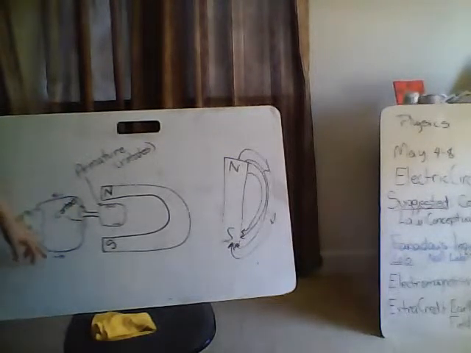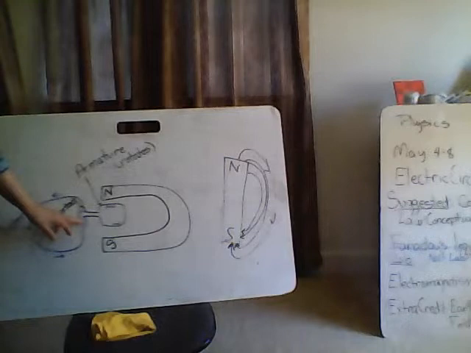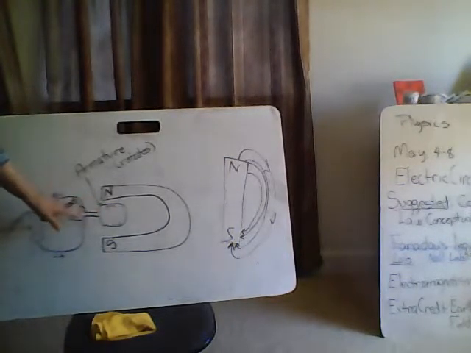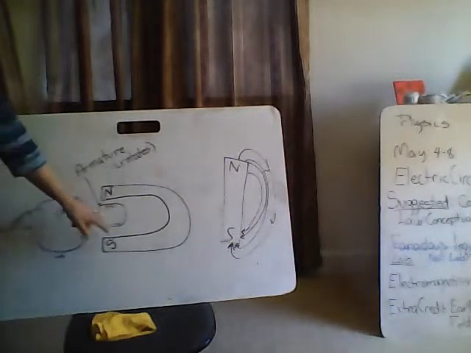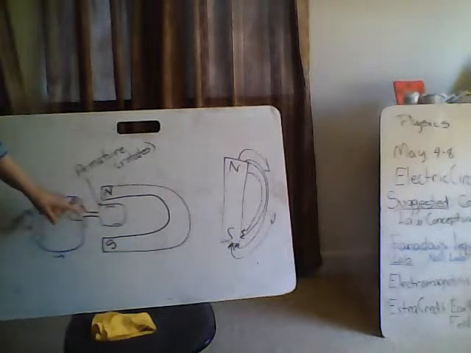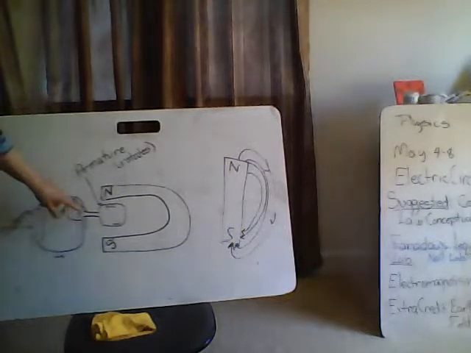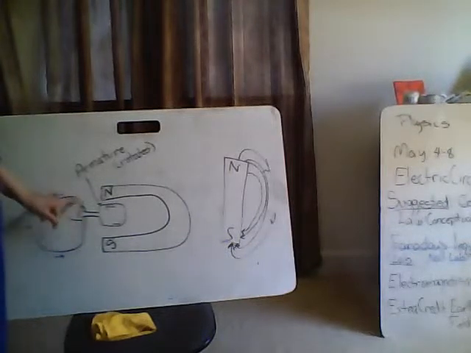From the positive side of the battery, you have a wire that's connecting to a stable contact here, and that brushes against this armature here that has current flowing through it. This has a conductor. And the other side of it is where you have the current flowing back to the negative side of the battery.